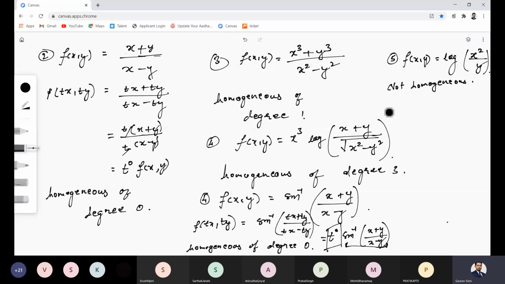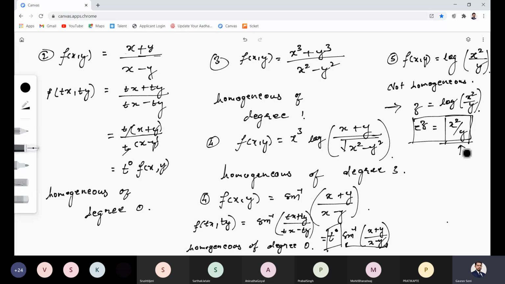But we can convert this. How can I convert this if I call this z? Log of x square by y. So log on the other side will become e to the power z is equal to x square by y. Now this x square by y, the right hand side, is homogeneous and it is of degree 1.